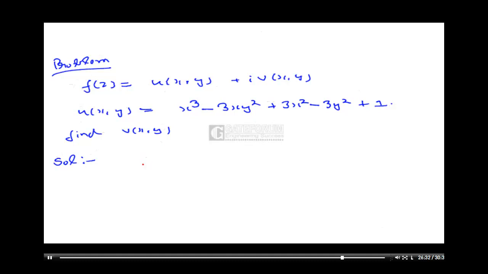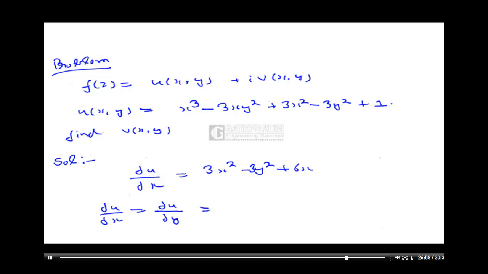Okay. u is known. I can find del u by del x. That is equal to 3x square minus 3y square plus 6x. The remaining term will become 0 because we are partially differentiating u with respect to x. Now, according to Cauchy-Riemann equations, del u by del x is equal to del v by del y, which is 3x square minus 3y square plus 6x.